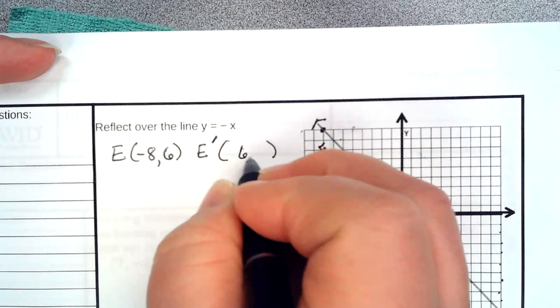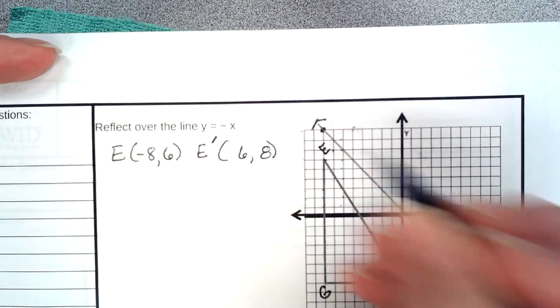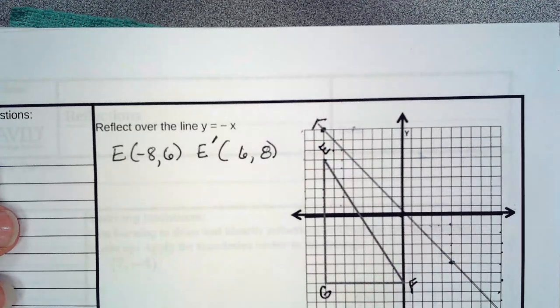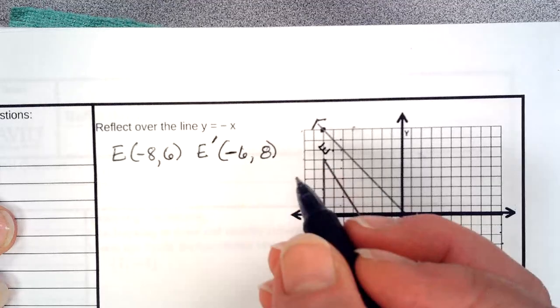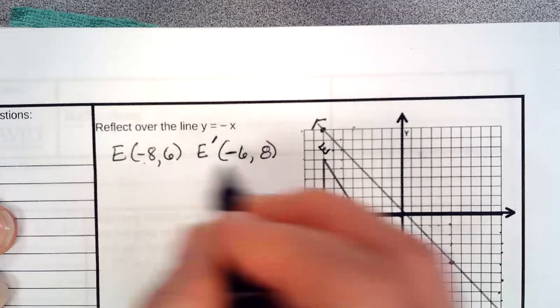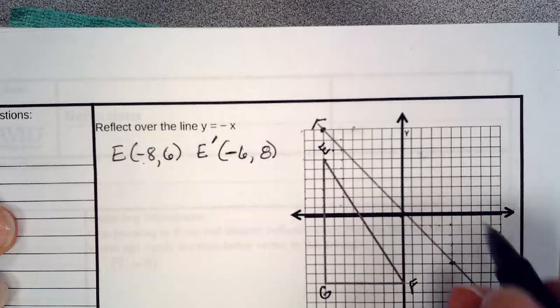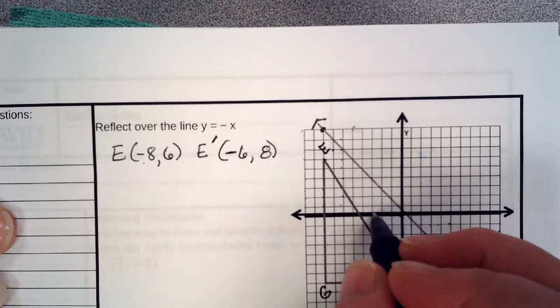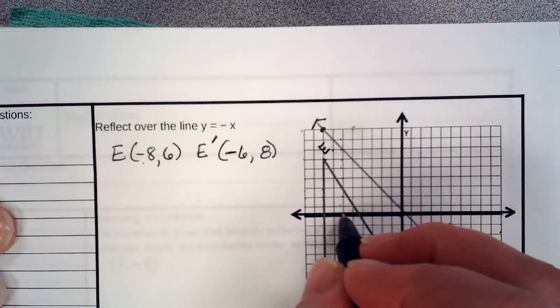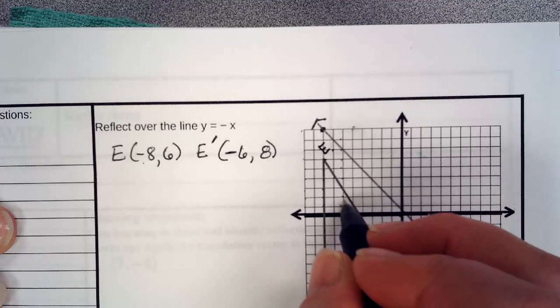I've got 6 and I've got 8. Now I'm going to change both of them to the opposite signs. This is a positive 6, this becomes negative 6. This is a negative 8, this becomes a positive 8. So the new point is negative 6, positive 8.